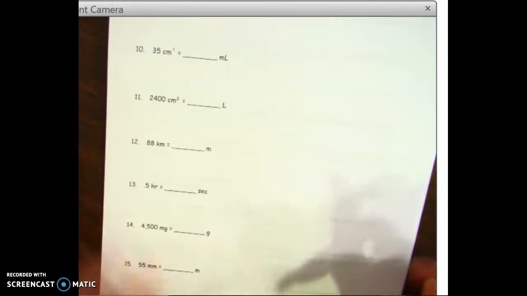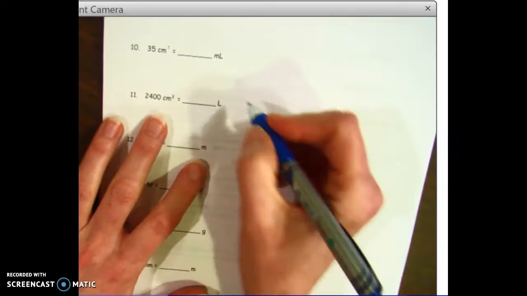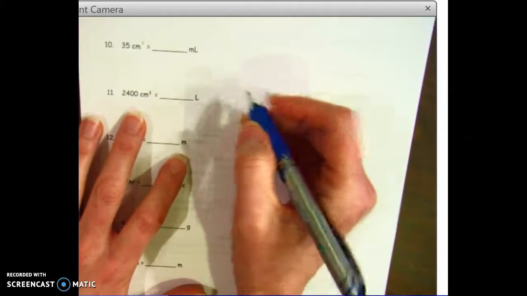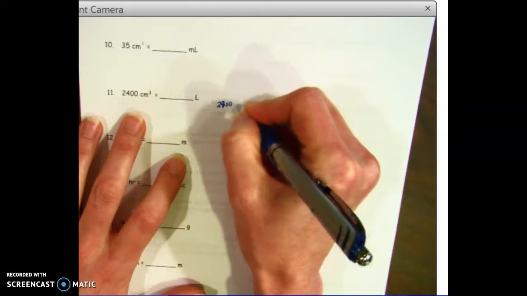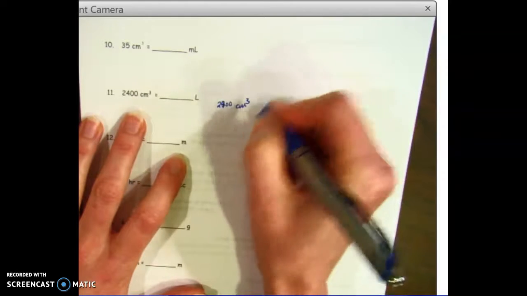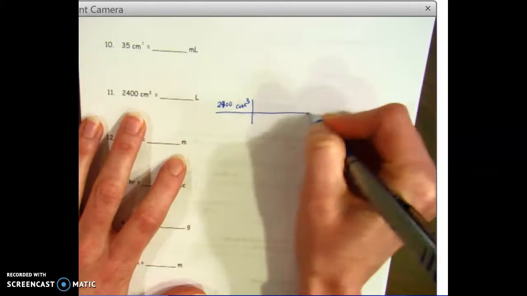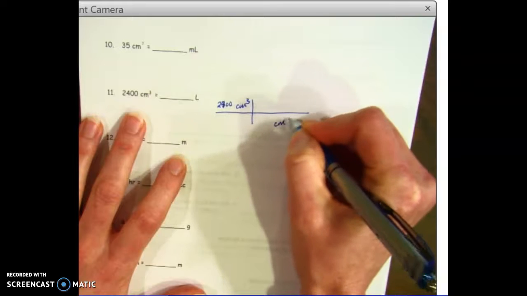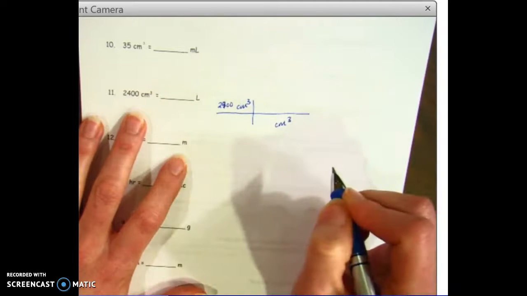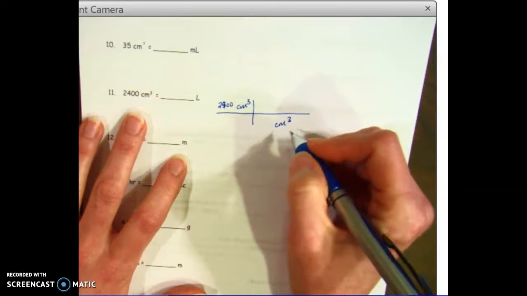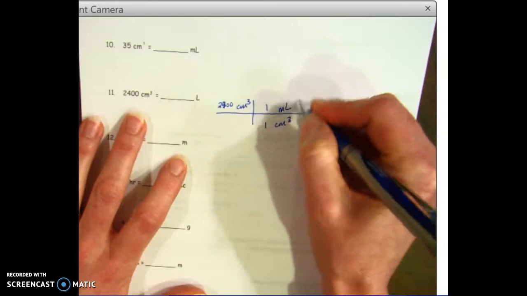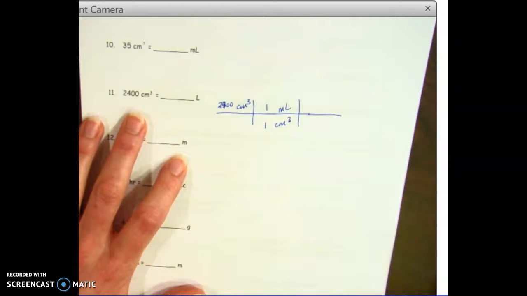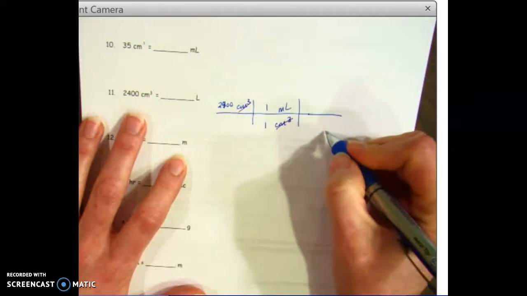Let's look at number 11. You start with 2,400 cubic centimeters. And let's see where we want to go. I know I need this unit to go away, so I'm going to drop it there. I know the conversion is 1 cubic centimeter for every milliliter. My centimeters cubed are going to cancel. So now I need to get rid of milliliters.